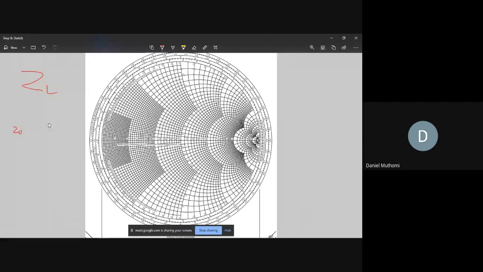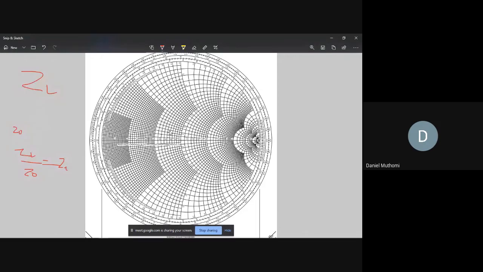So the first thing with your Smith chart, you take your Z capital L and you divide it: ZL over Z0, you get Z small l this time. You do this because for most Smith charts, you'll have a normalized one.